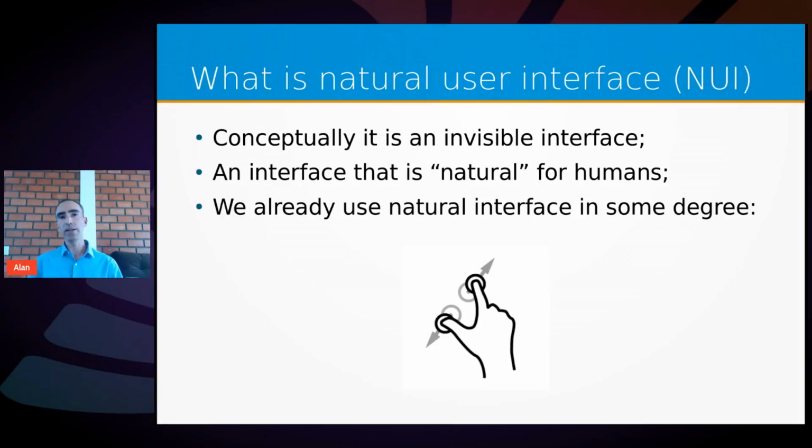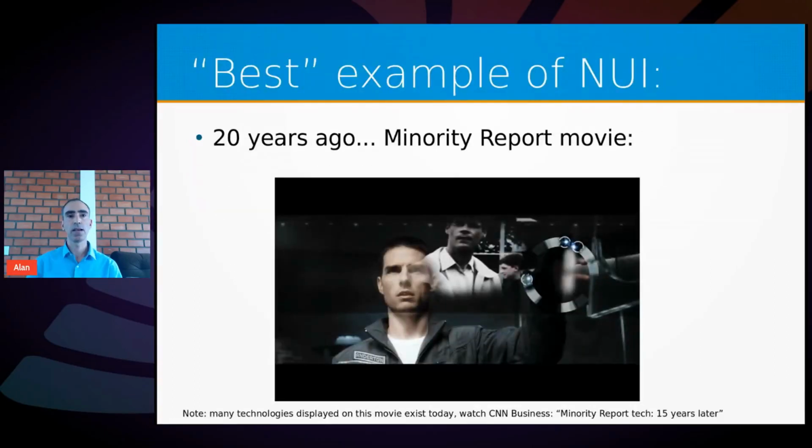So currently we already use some kind of natural interface in our normal life. The best example of a natural user interface, or maybe the most remembered, is the 20-year-old movie Minority Report, where Tom Cruise used some kind of infrared LED on his finger to control a big transparent screen, or holographic screen in a way.